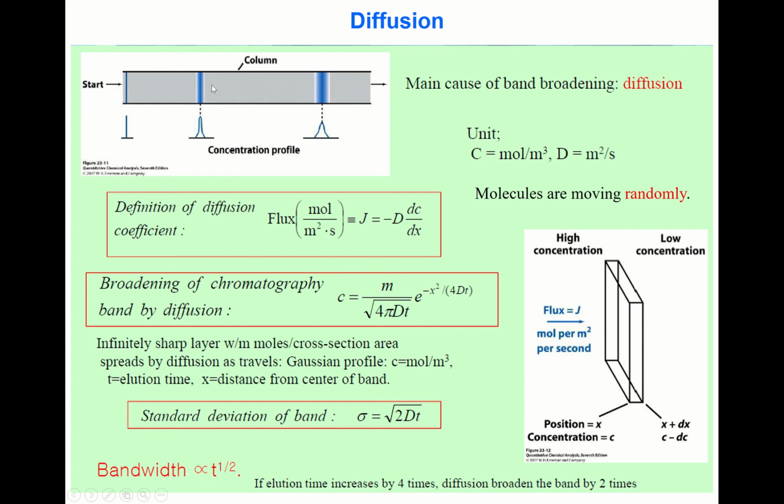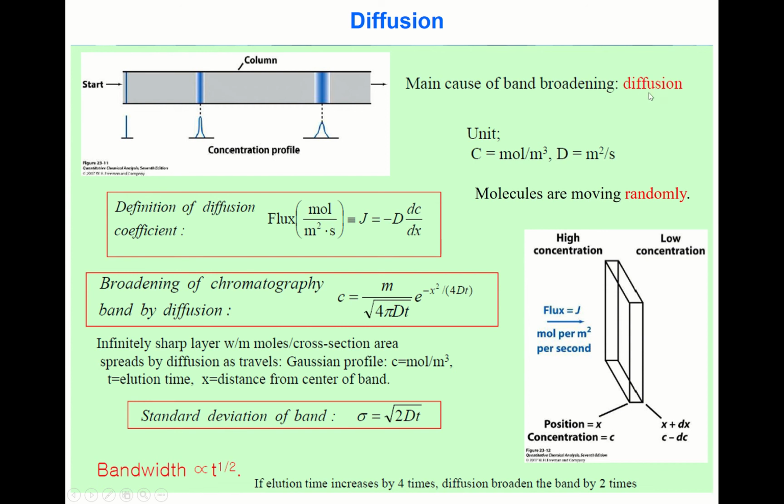And it still moves along the column, and at this point the total amount is the same, but the peak height becomes smaller and it becomes fatter. That driving force is diffusion. The main cause of band broadening is diffusion.